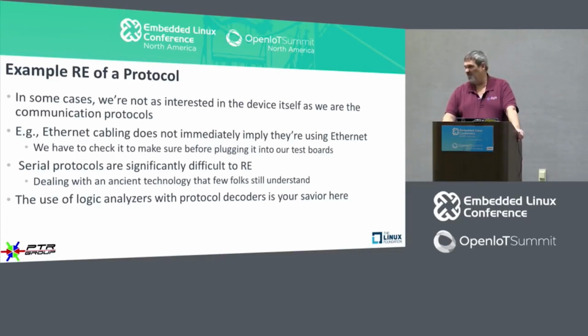They're repurposed for serial ports. They're repurposed for all kinds of stuff. And it may not be standard 802.3. It may not be that. It may be EtherCAT, or it may be some other industrial protocol which happens to go across Ethernet cables.